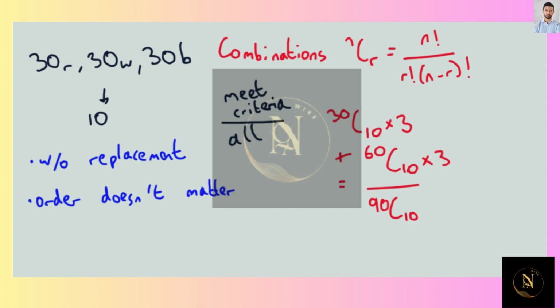So I've got 90 choose 10, 60 choose 10 multiplied by 3, and 30 choose 10 multiplied by 3.